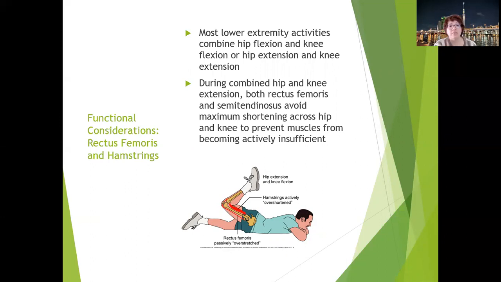So in the position in this diagram, the hamstrings are actively overshortened and the rectus femoris is passively overstretched. Most of our functional activities avoid that by having opposite motions at the hip and the knee.